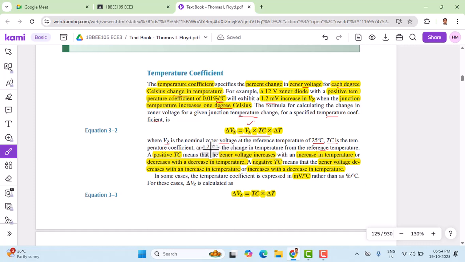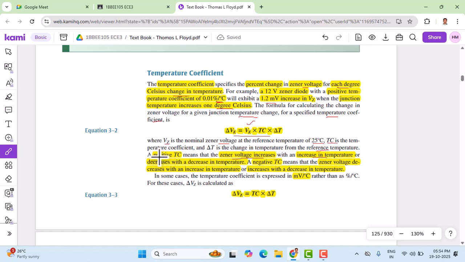Now let us go into detail. A positive temperature coefficient means the Zener voltage increases with the increase in temperature, or decreases with the decrease in temperature. We should not look at only the increase in temperature.